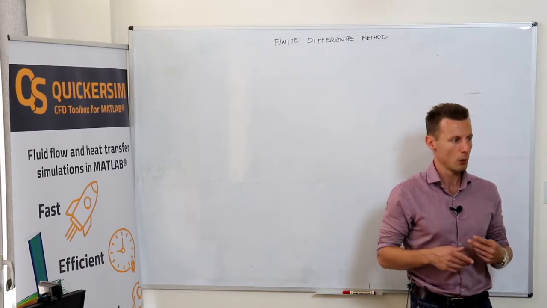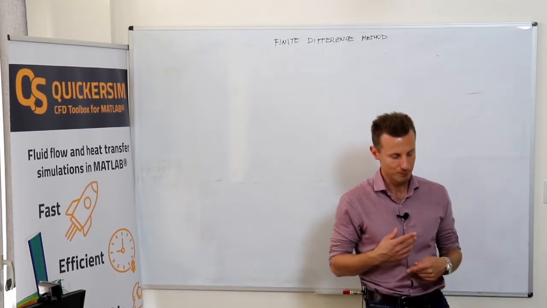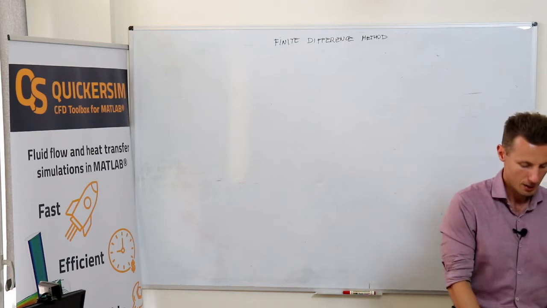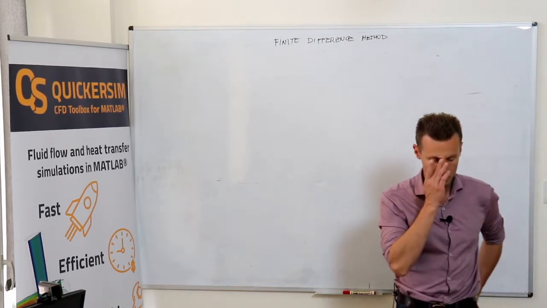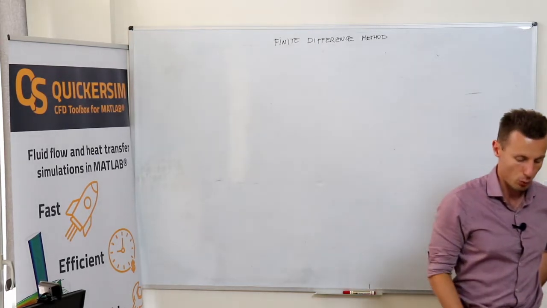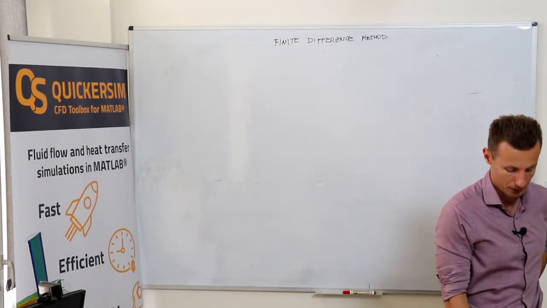So we will be going not so quickly through the method. I just want to make sure that you really understand the numerical instabilities, the wiggles, the artificial diffusion that arises.